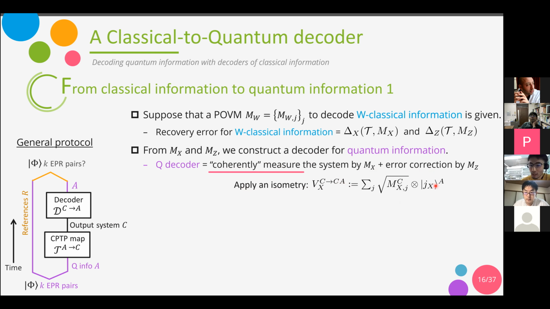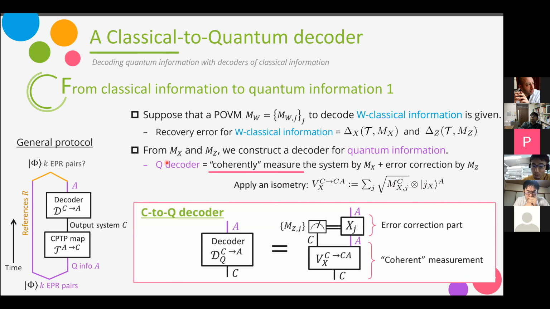This isometry is given by this form, where M_X^j is the POVM element for X classical information. If the measurement result is j, we coherently generate a |j> state in the ancillary system. So this is an isometry, a feasible dynamics in quantum mechanics.